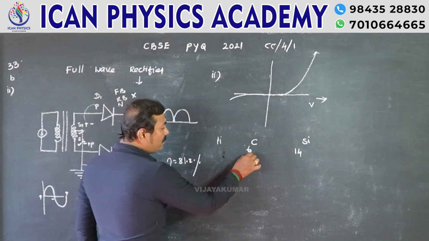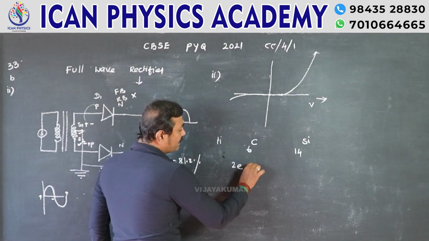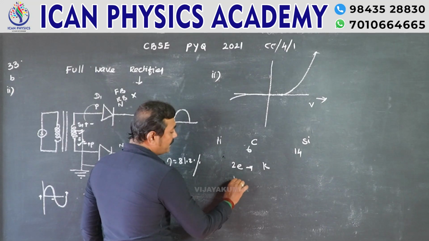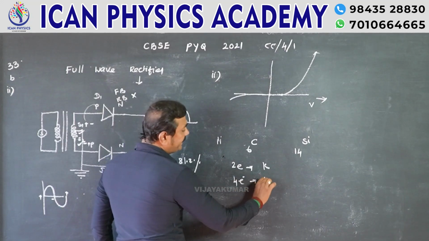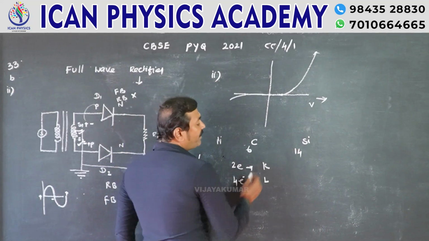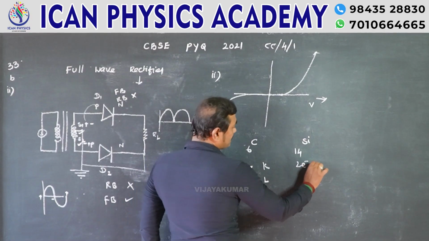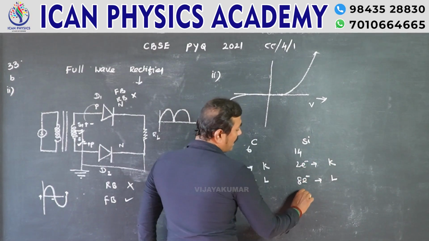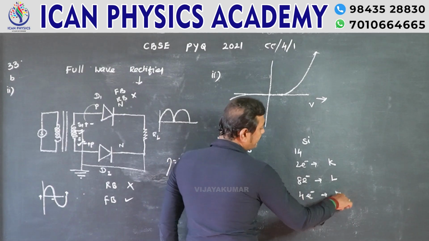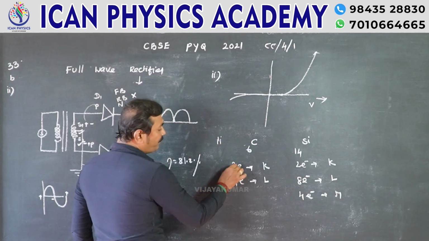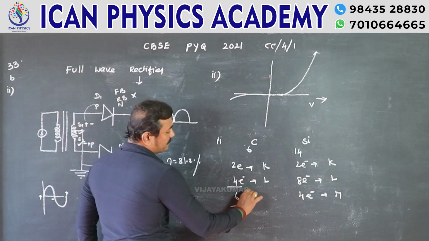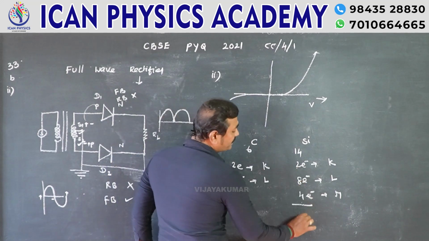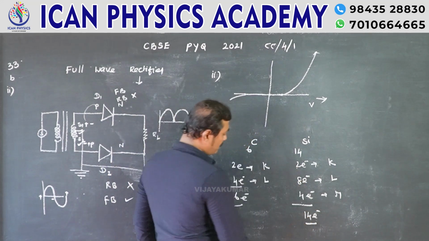Carbon has 2 electrons in the K shell and 4 electrons in the L shell. At the same time, silicon has 2 electrons in K, 8 electrons in L, and 4 electrons in the M shell. So 4 plus 2 is 6 electrons. 8 plus 2 is 10, 10 plus 4 is 14 electrons.